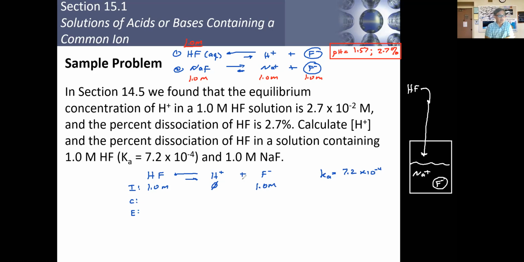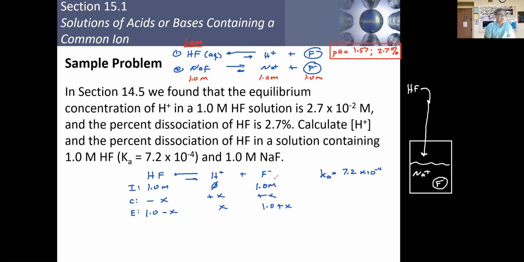So the initial concentrations here are given to us. Again, we still don't have hydrogen ions, because the hydrogen ion has to come from this dissociation, but we already have fluoride ions floating around. After that, everything else is pretty straightforward. It's just like what we did in the previous chapter, and we can solve for it pretty much almost exactly the same way. The only difference is this right here.